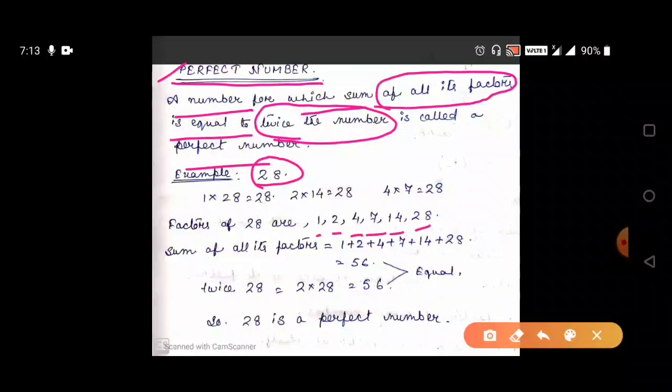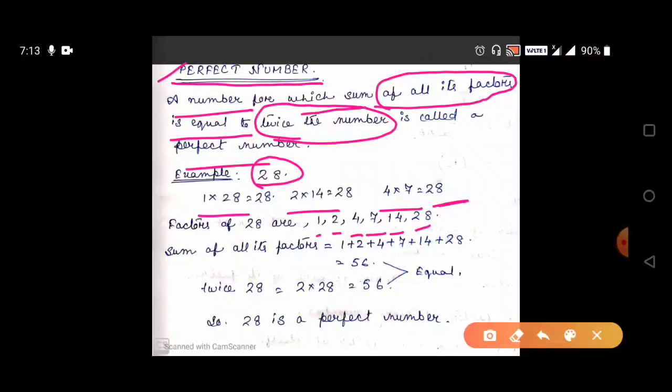For finding the factors of 28, you have to think about the multiplication tables where you are getting 28 as an answer. In the multiplication table, 1 into 28 is 28. In the multiplication table of 2, we will get 2 into 14 is equal to 28. Again we can get 4 into 7 is equal to 28. From any other cases we cannot get 28 as the answer. So the factors of 28 are 1, 2, 4, 7, 14, 28.